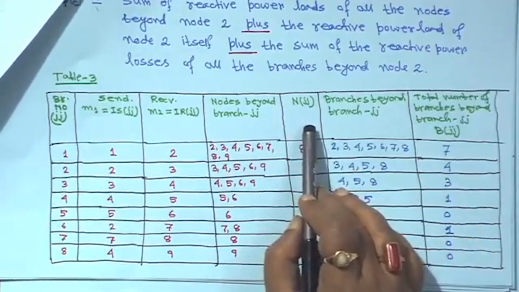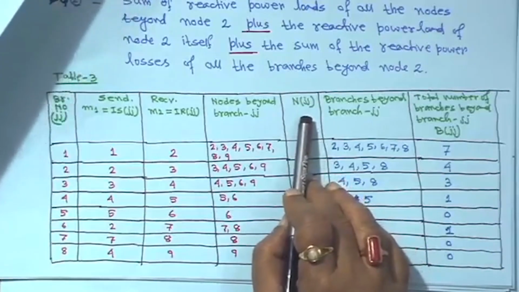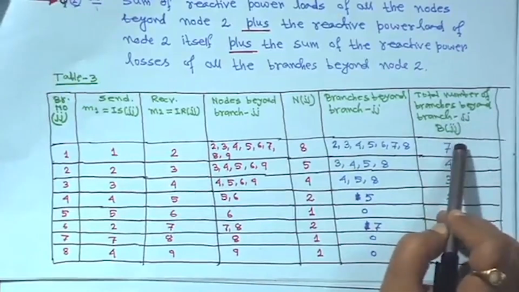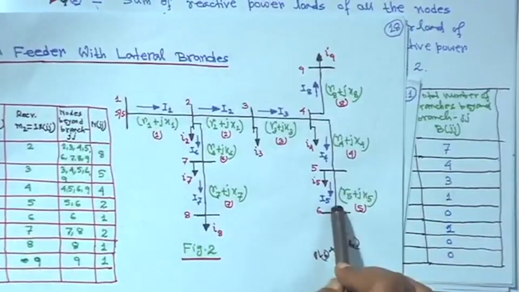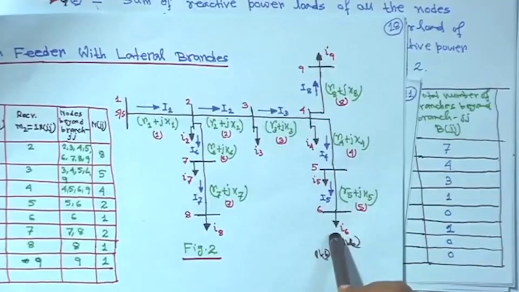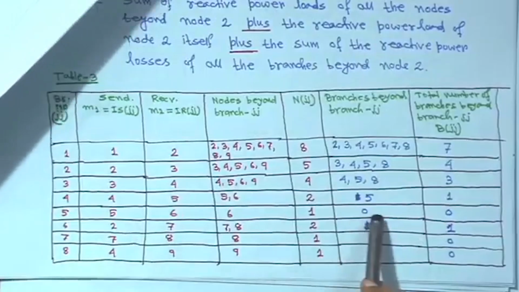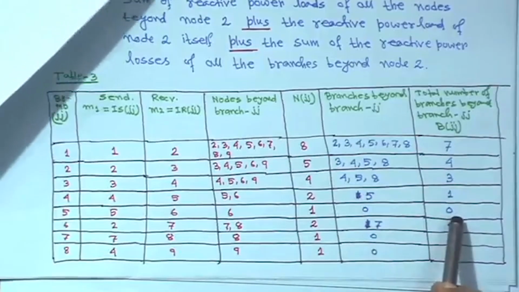Space was not there so I did not write it, but NJJ is explained before. And this is the total number of branches beyond the branch, that is BJJ we are making. Similarly, if you come to branch 5, that is 5 to 6, beyond this branch there is no branch, so it is 0. So the number of branches is also 0.